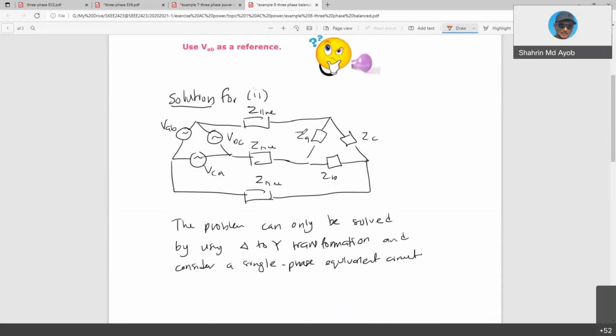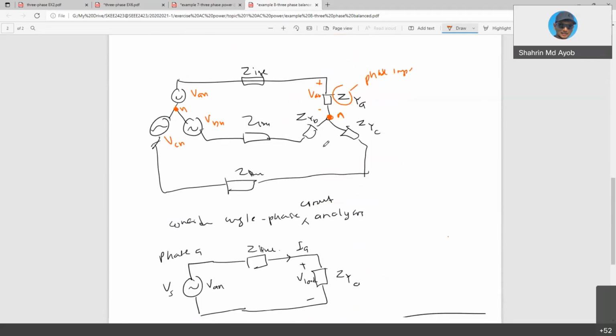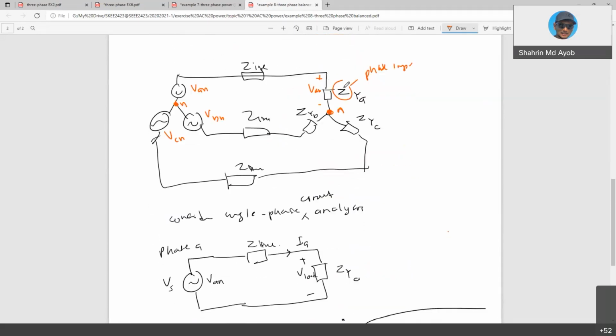So we need to have the load impedance, the phase impedance, referring to a neutral point. So ZA is not a phase impedance; we need to have ZAN. So delta, you need to convert into Y connection, so that we have ZAN. Only for Y connection.